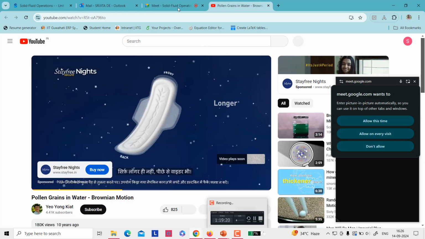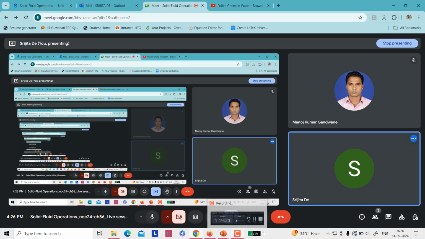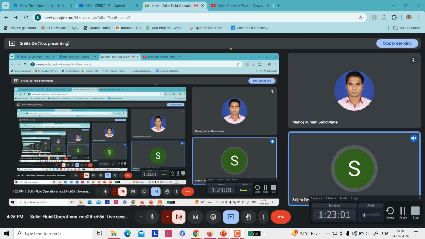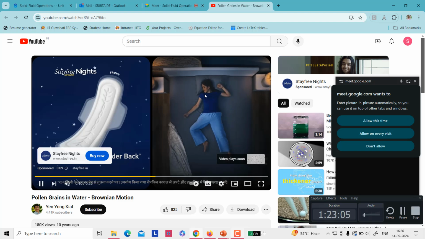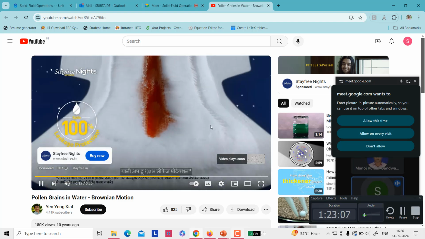This one is the pollen grains movement in water.